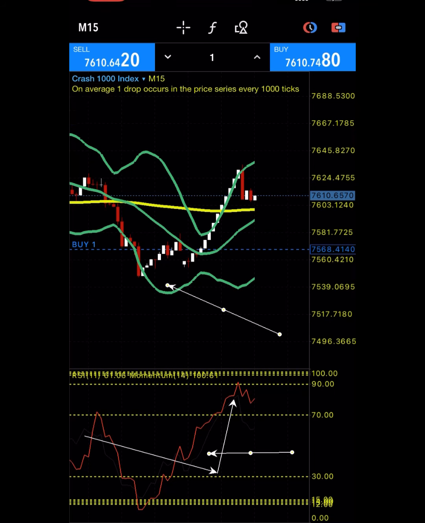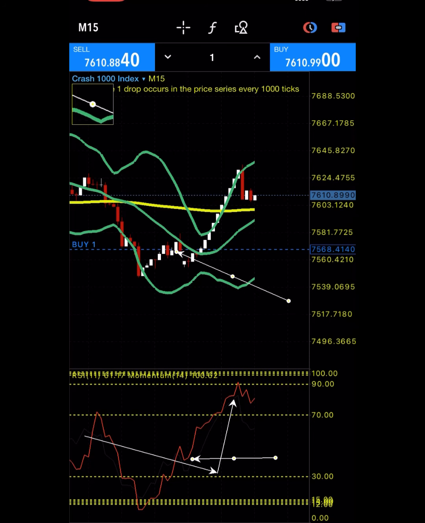And not just that, remember what I told you guys in the last video. I told you that you want to make sure that your confluences align together. In other words, if you notice price sitting on the 30 level, that is a support of the 30 level, ready to push to the upside, you want to make sure that what you're seeing in the main chart is aligning to push to the upside.